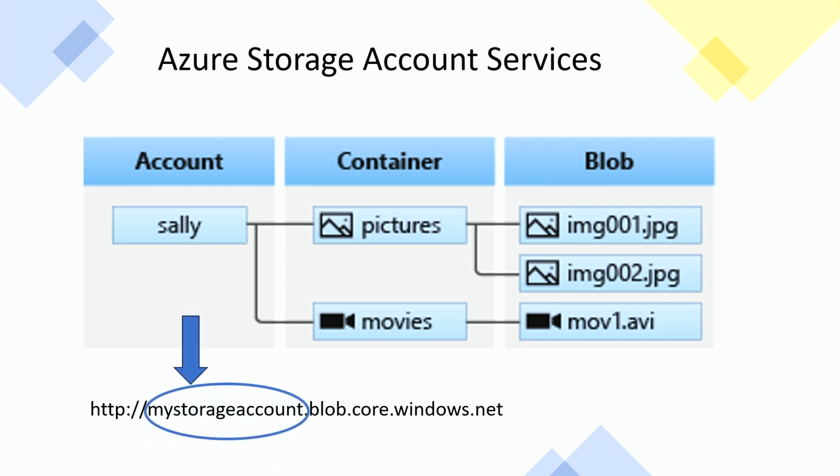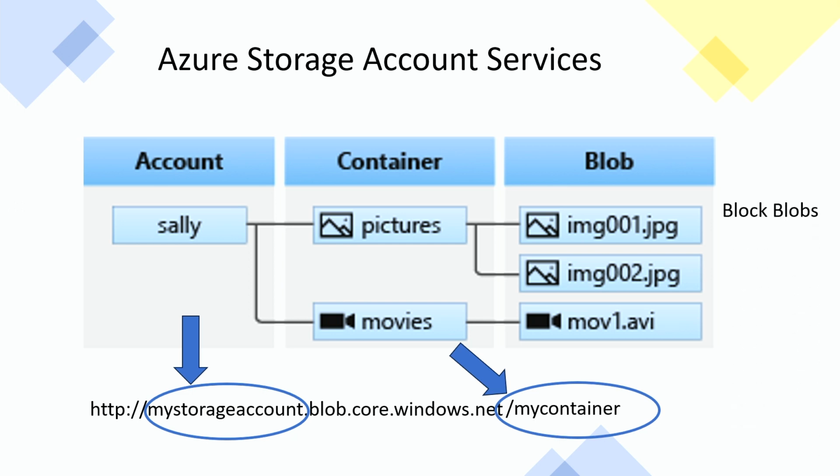In other words, that account name becomes part of the access URL that you're going to connect into. Then, if you see on the right hand side, the container becomes part of this URL. The container is, for lack of a better term, the folder where you're going to be keeping your files or your blobs.